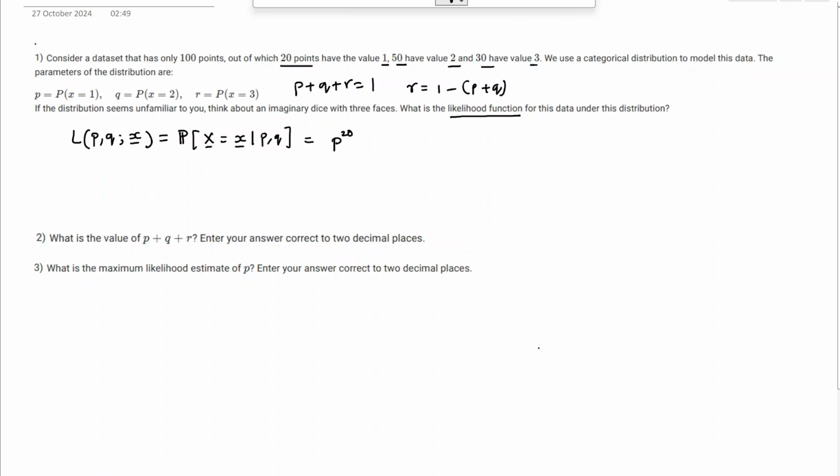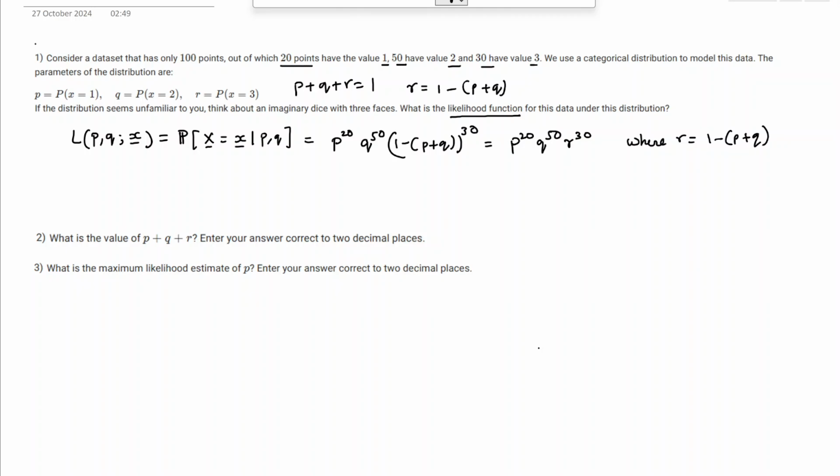Because we are assuming a random sample, so all of them are independent and identically distributed. So we can take the product of the probabilities. And at the same time, we can do q to the power 50 and then r to the power 30. But instead of r, we can write (1 minus p minus q) to the power 30. Or we can write it as p^20 q^50 r^30, where r is equal to 1 minus (p plus q). So this is the likelihood function.